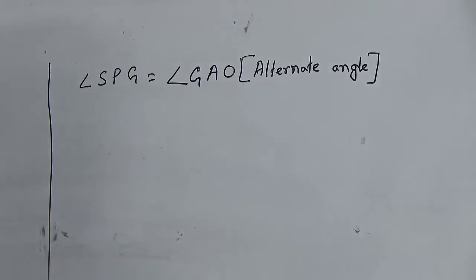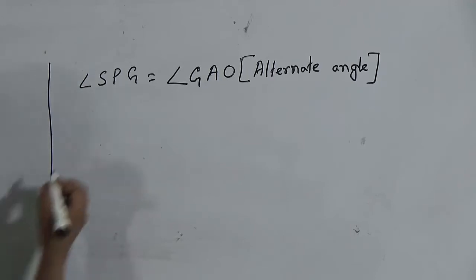Okay, and if two angles of a triangle are equal to two angles of another triangle, then the third angle, the remaining angle, is also equal.